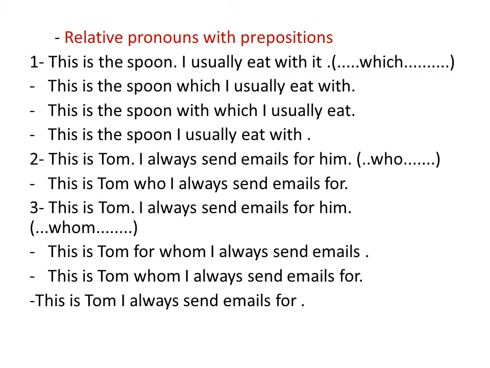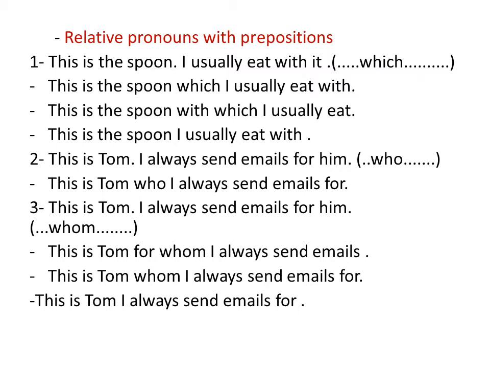Here in this answer, we omit the relative pronoun itself, and we said the sentence without it. It's a very correct sentence also. So here in example number 1, we have 3 different ways to answer this example. So let's read them well to understand how we can answer this one.